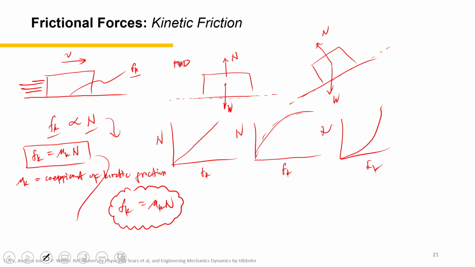But this equation is just an oversimplification of a complex phenomenon, because of course, when you look at the microscopic level, there are irregularities on the surfaces, correct?